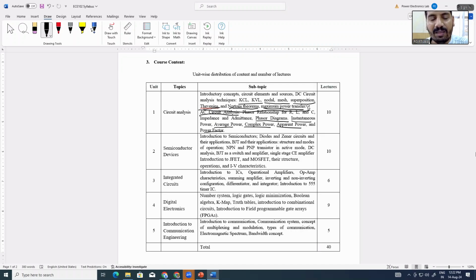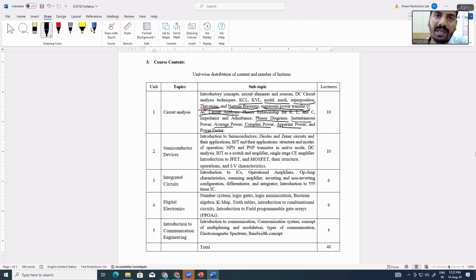Active power is Vrms Irms cos theta, apparent power is Vrms Irms. So active power divided by apparent power is cos theta, right? So that is your power factor. Power factor can also be defined as R by Z, that is resistance divided by impedance.